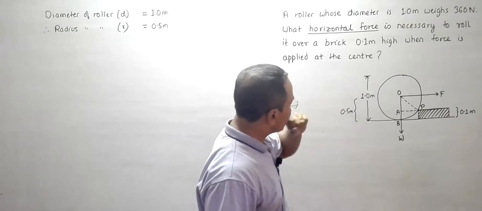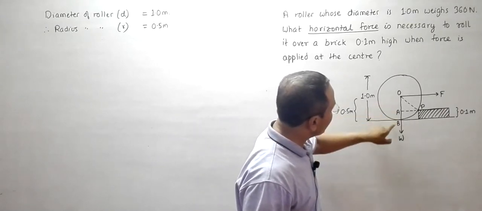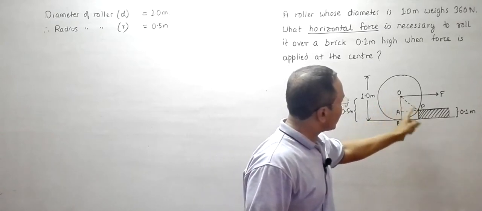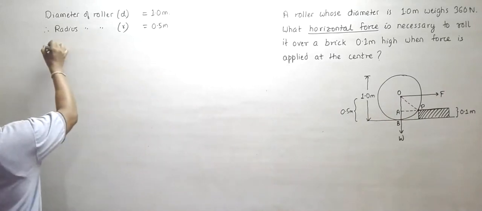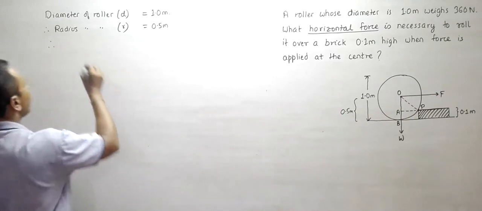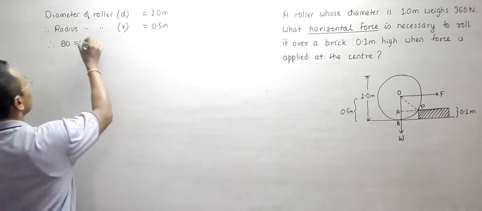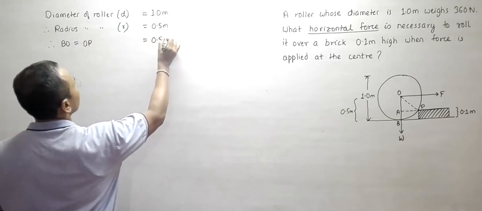So if radius is equal to 0.5 meter, then this BO should be equal to 0.5 meter, and also this OP should also be 0.5 meter. So that's why I can write here, BO equal to OP is equal to 0.5 meters.